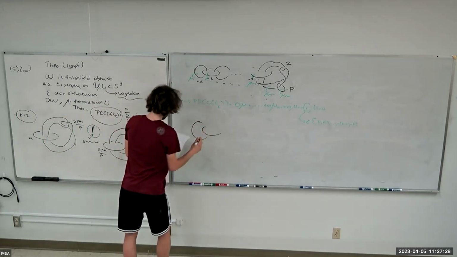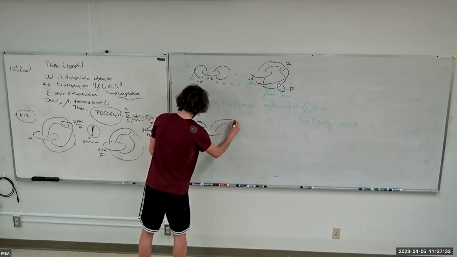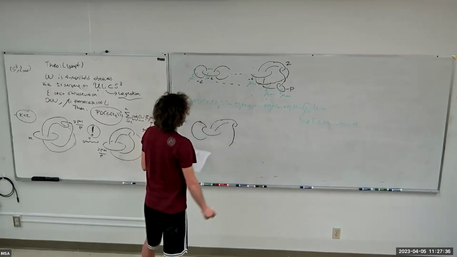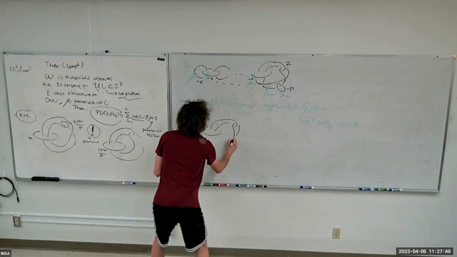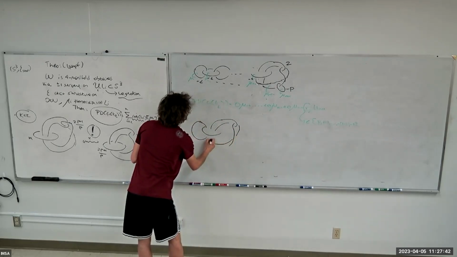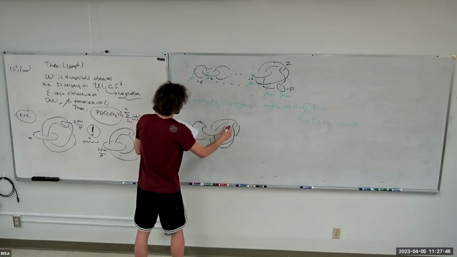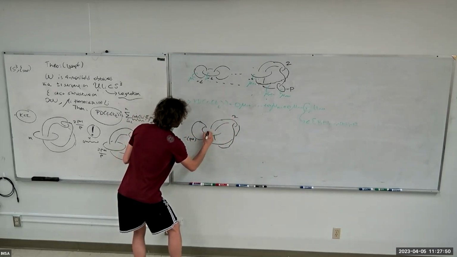this was the surgery diagram, and here. And this is 2, this is -(p+1), this is -2.